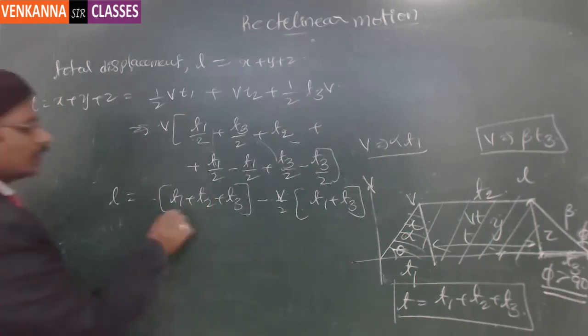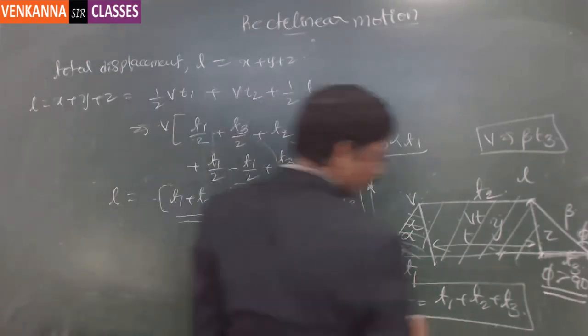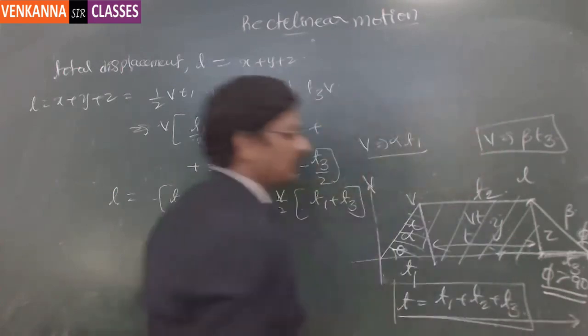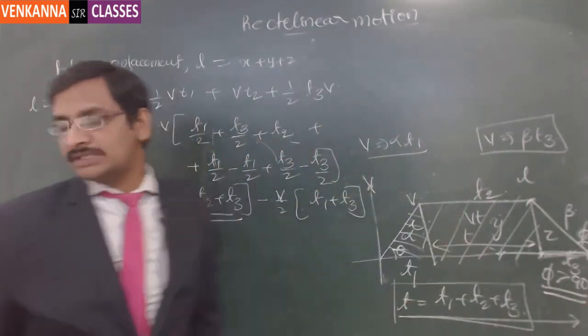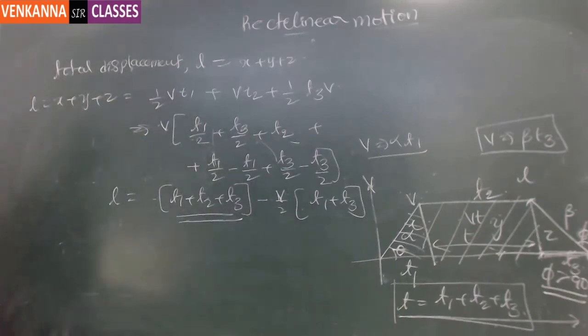Now the total time taken is nothing but the time taken from here to here in the entire length. Now let us say this is traveled a distance of s. What is the information given here?